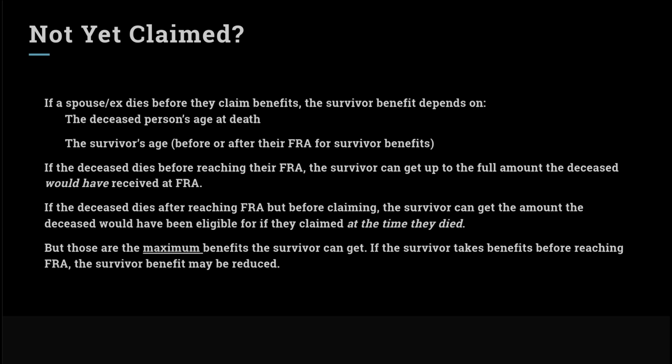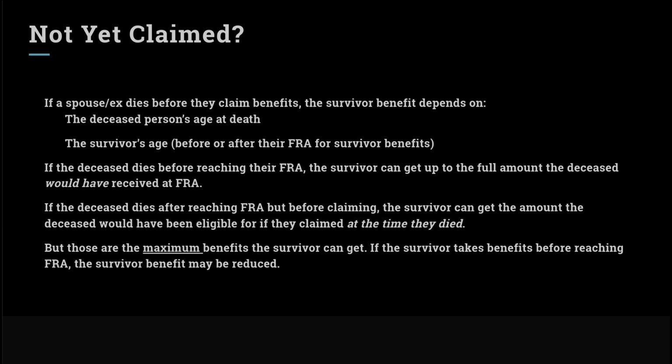If the deceased dies after reaching FRA, but before claiming, then the survivor can get the amount the deceased would have been eligible for if they claimed at the time they died. In other words, they get those delayed retirement credits or increases for the person waiting, but those are the maximum benefits a survivor can get.